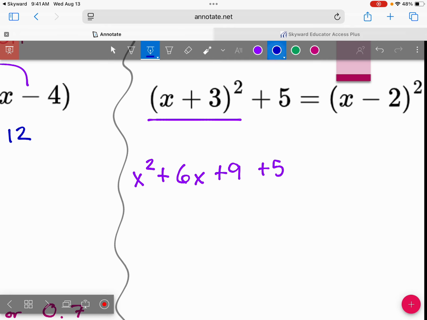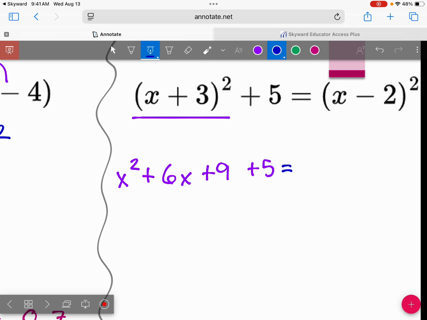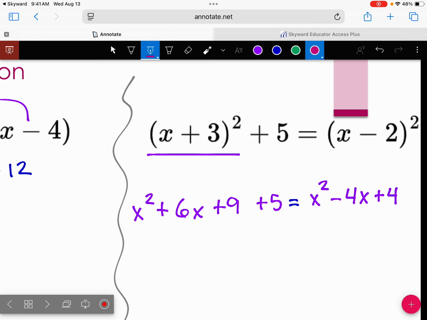And what do we get when we square x minus 2? x squared minus 4x plus 4. If you need to, 100% write these out. Put this as x minus 2, and distribute it. Or put it as x plus 3 times x plus 3 and put them through a box. Totally valid. What do we do to solve down here at the bottom?